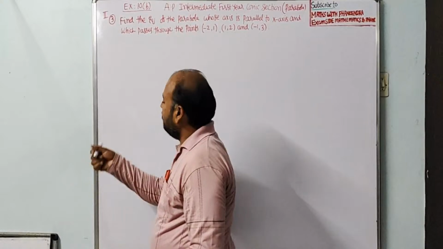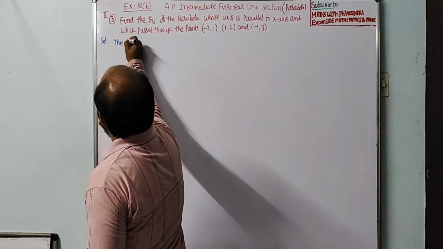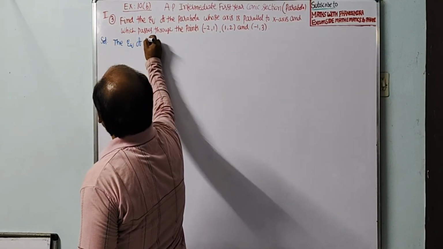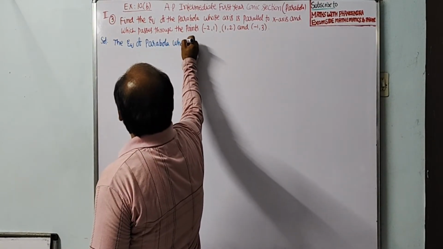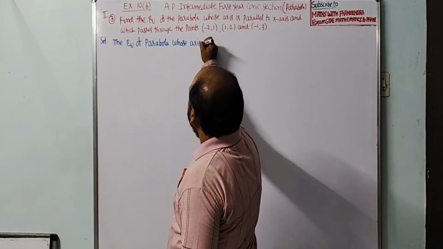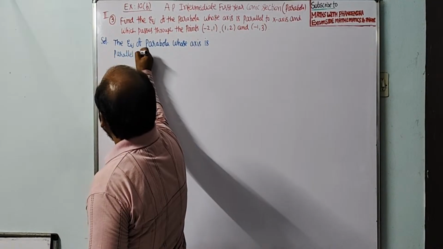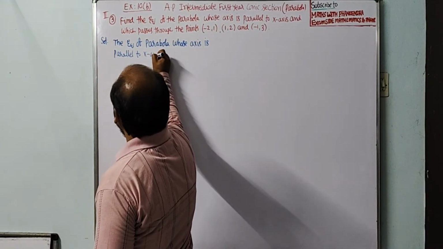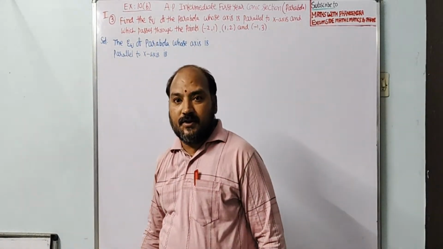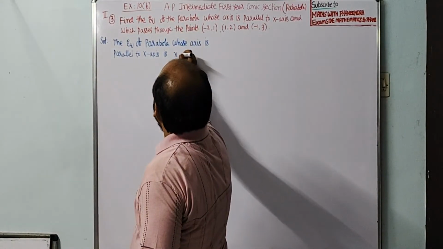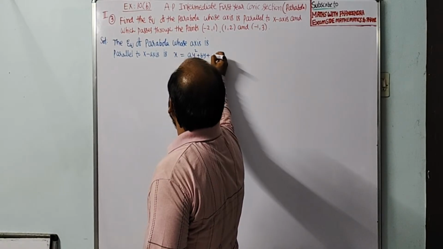First, in the solution, the equation of parabola whose axis is parallel to x-axis is x is equal to ay square plus by plus c.